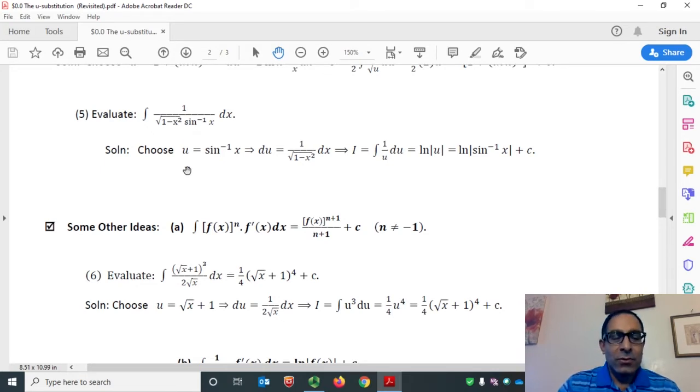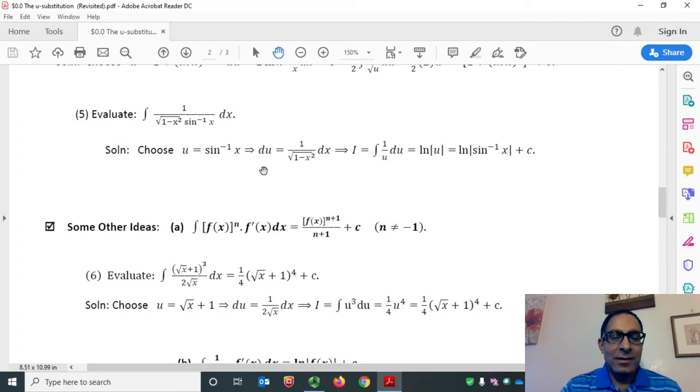Great. So we picked u equals to sine inverse x, take the derivative both sides, left side is du, right side is the derivative of sine inverse x is 1 over radical 1 minus x squared dx, which is here, right? 1 over sine inverse x, we put sine inverse x equal u, then 1 over radical 1 minus x squared dx is simply du.